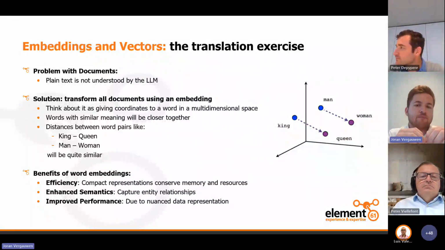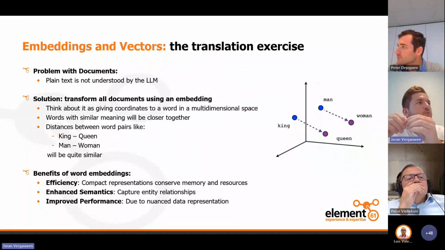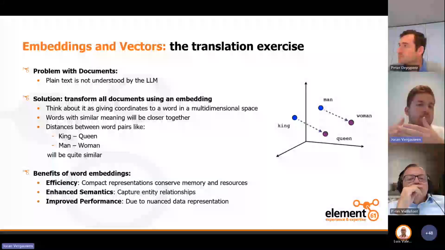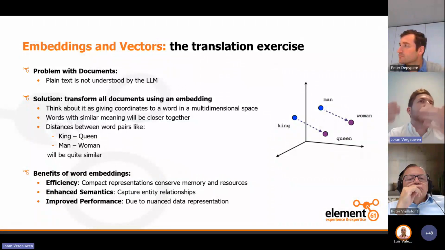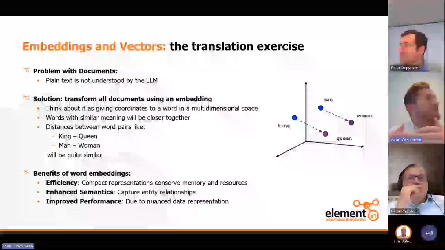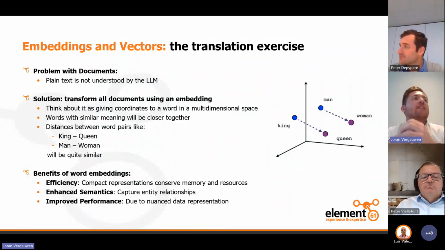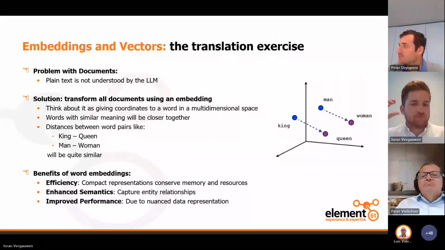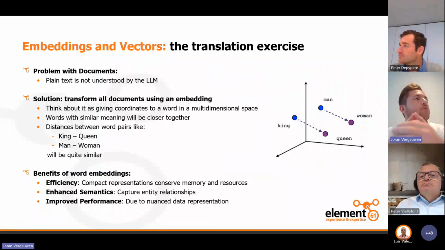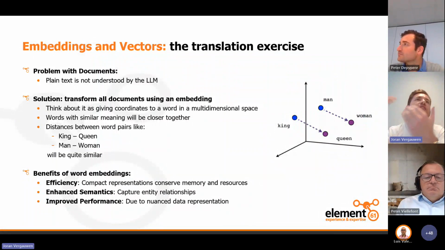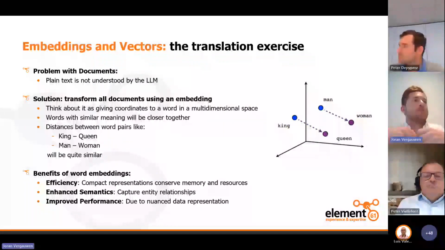For example, if you would ask a question about a certain word, let's say a wall, and the document doesn't describe it as a wall, but maybe as a synonym for a wall, then the model will know, okay, these words are actually the same, because this is actually a material, like stone or brick.